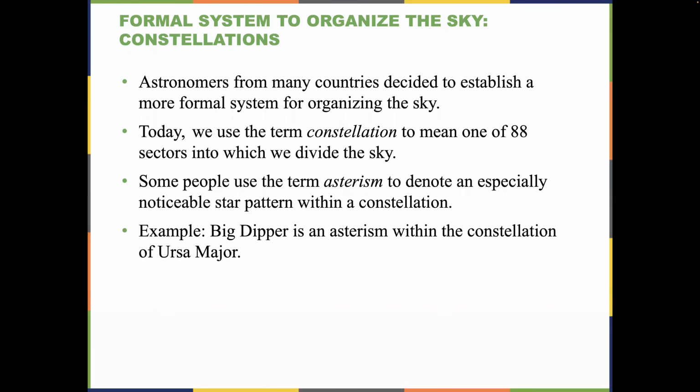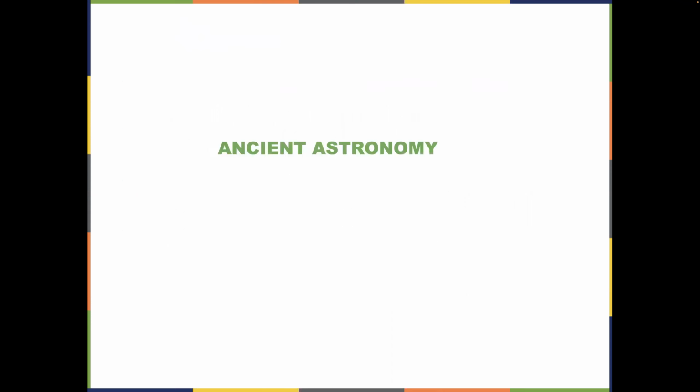And next, before we go into detailed things about the motion of the stars and planets, let's look at a little bit of the history of astronomy. So this section will be about ancient astronomy. On the next day, we will move on to talk about the orbits of the planets.